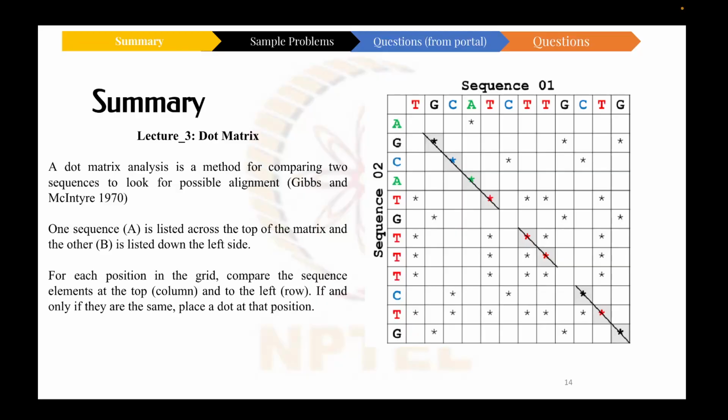To construct a dot matrix plot, two sequences are represented along the axes of a two-dimensional plot. A dot, like a star, is placed at any position where the characters in the x axis and the characters in the y axis match.